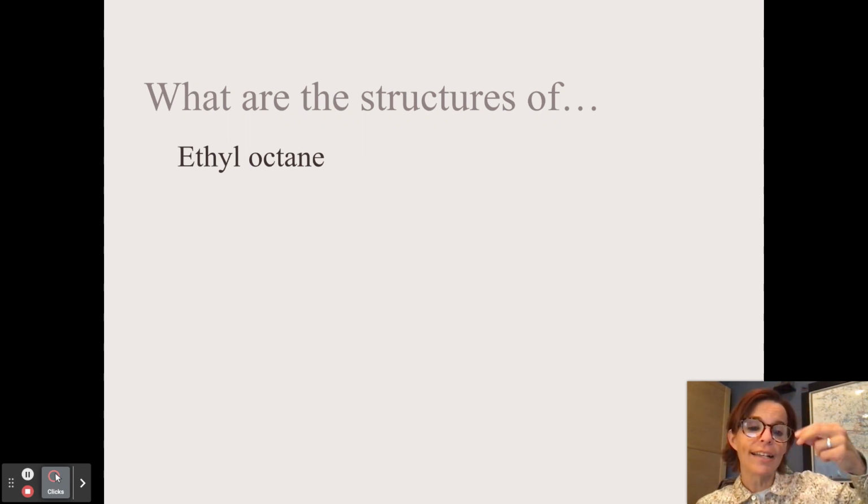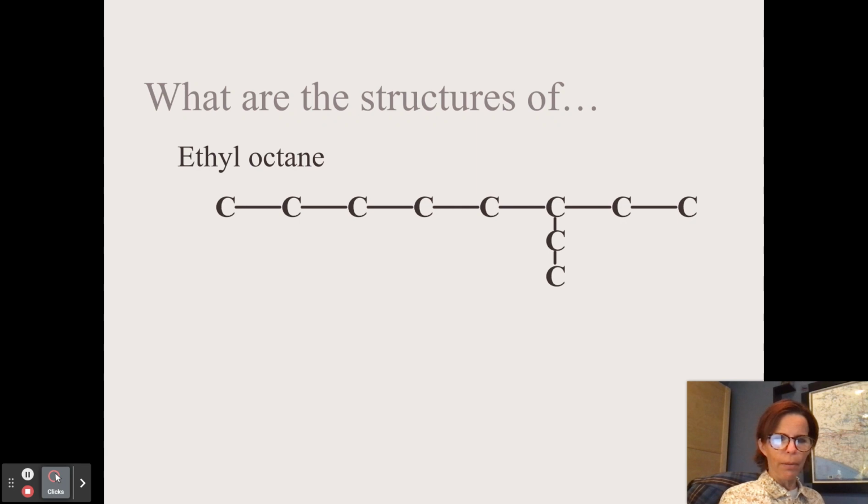An ethyl branch has 2 carbons. So put a branch and make it a 2 carbon branch. So there it is. Here's our octane, 1, 2, 3, 4, 5, 6, 7, 8. And here's our branch that has 2 carbons. So that is ethyloctane.